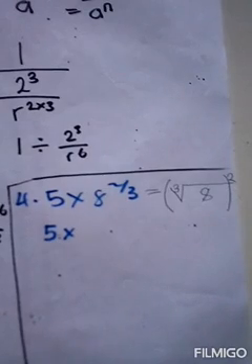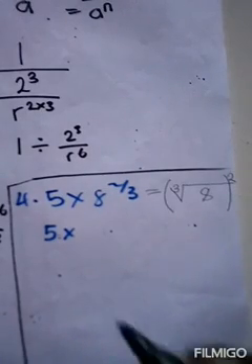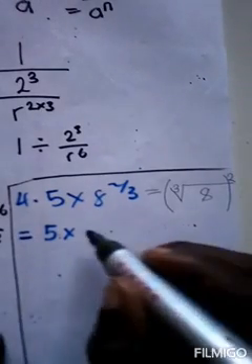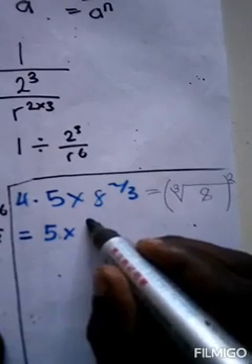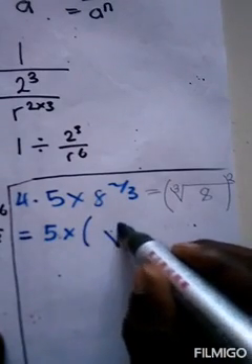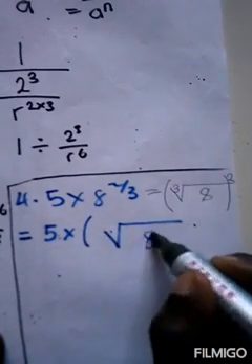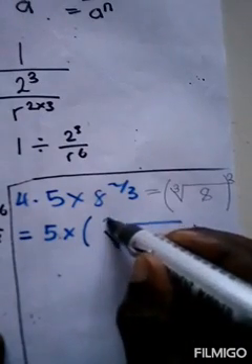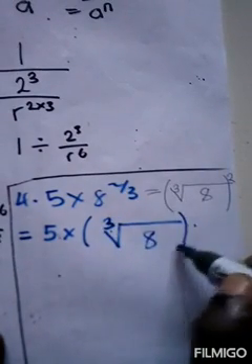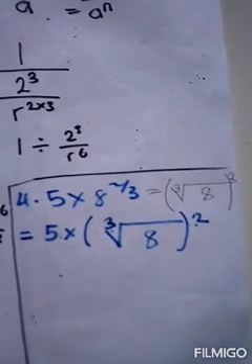So something like this, so that now in this second stage it becomes 5 multiplied by the cube root of 8, all to power 2. You know that the expression in the brackets means the cube root of 8. What number multiplied by itself 3 times gives you 8?